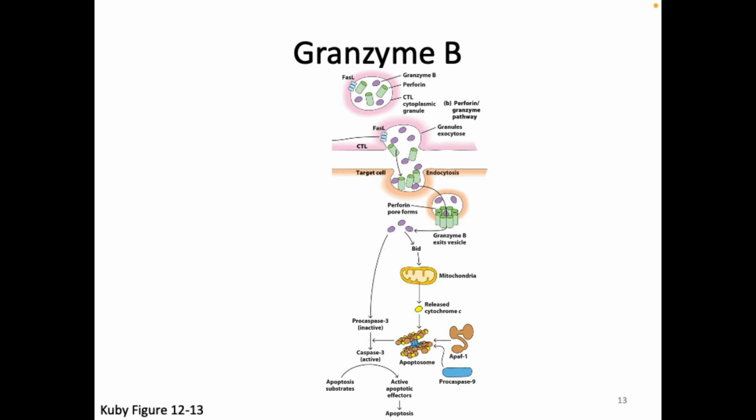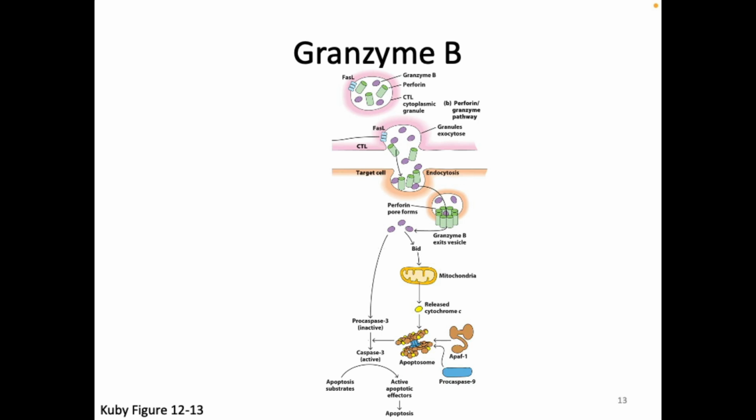And granzyme B does have some enzymatic activity. It's this little purple oval. Granzyme B, just like we saw with some of the other caspases with FAS, can sort of get rid of the middleman, activate caspase 3, and get us to the end of apoptosis, cutting right to the chase, because it's directly cleaving caspase 3. It can also turn on some of the other parts of the apoptotic cascade, but really it's a direct route to caspase 3 as well.